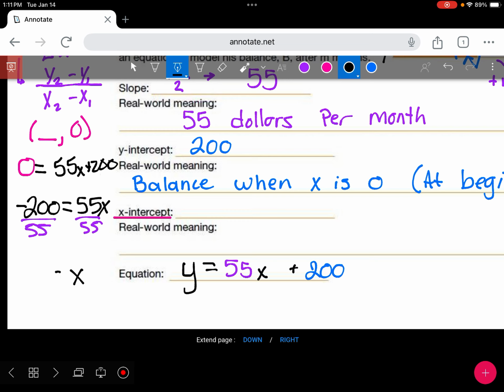What do we get for our x-intercept? Negative 3.63 or negative 3.6-ish. So our x-intercept is happening at negative 3.63, whatever it is. What does that mean? Negative 3.6 what?